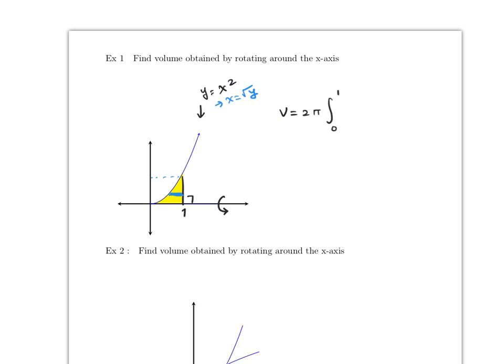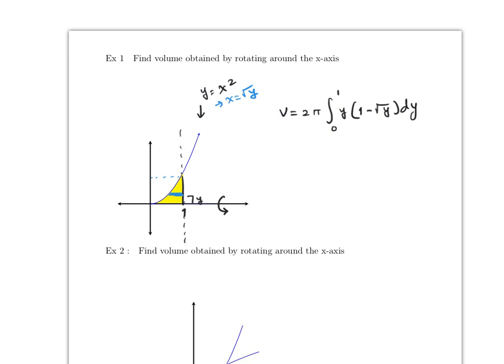So from here to here, this is just y. So that's why you have y here. The biggest function is 1. So this is 1. And the smallest function is the square root of y, dy. Again, this one is this function right here.